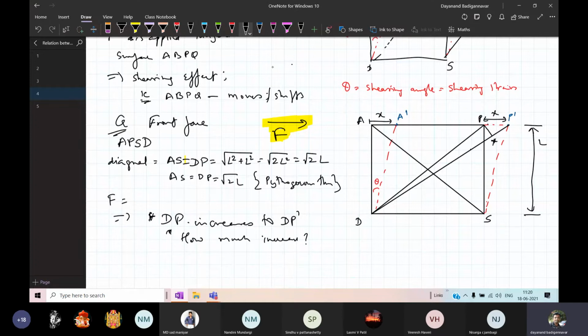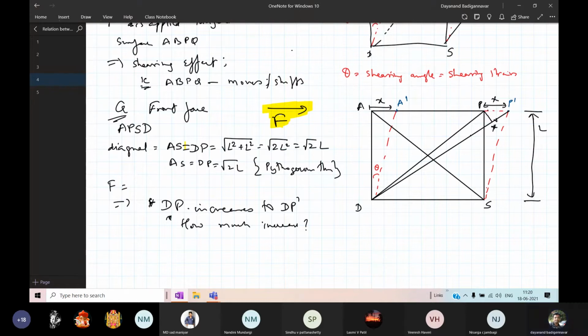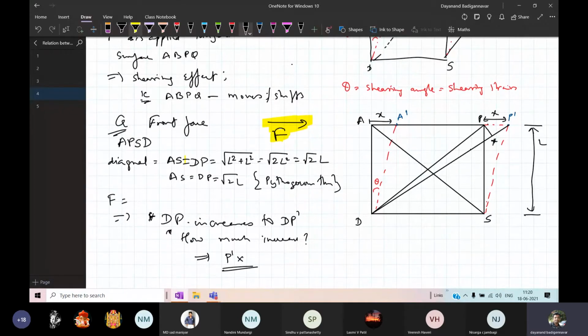If I draw a perpendicular, the increase in the diagonal is given by P dash X. So how much is the diagonal that is increased? That diagonal that is increased is P dash X. This much of diagonal has been increased. You're getting the point? By drawing a perpendicular PX, I can find the increase in the diagonal.